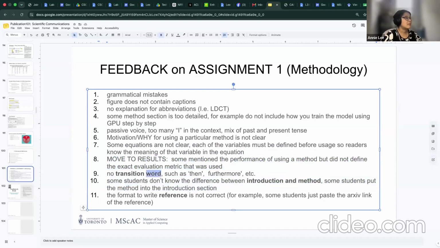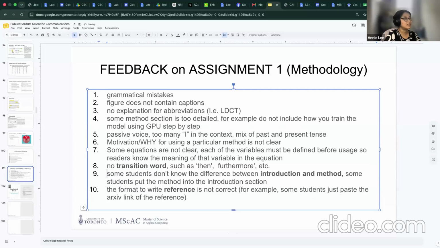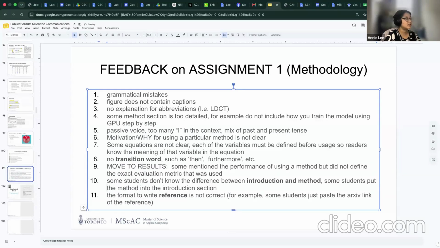Also, have nice transition words. Some students also don't know what introduction and methods are. I just taught you. And then incorrect references. I have to teach this every year. I don't know why I have to teach people to do references properly every year.